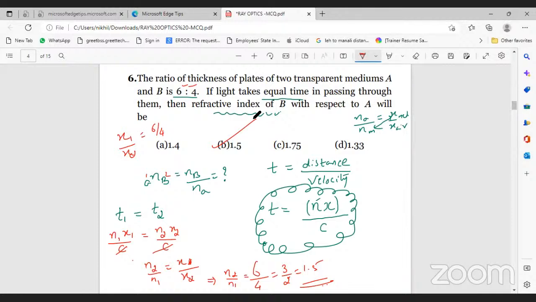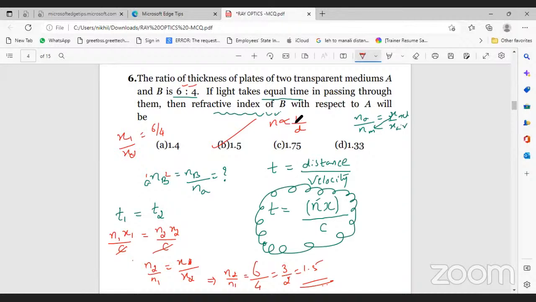Yeah, tell me. Doubt, sir. Since they have given thickness, sir, can't we take it like this, sir? Refractive index is inversely proportional to the thickness, so refractive index of B with respect to A will be same as the ratio of the thicknesses, sir.